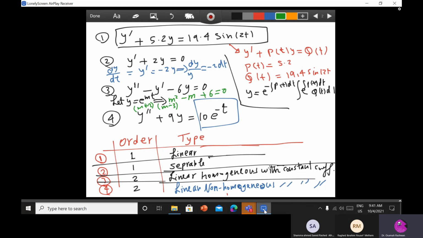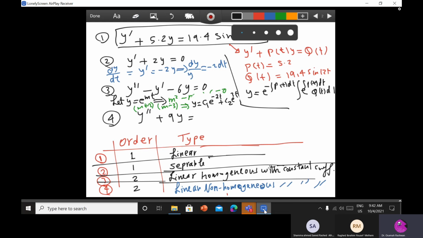So m is equal to 3 and m is equal to minus 2. So the solution is y equal to c1 e to the minus 2t plus c2 e to the 3t, right? This is how to solve this one.